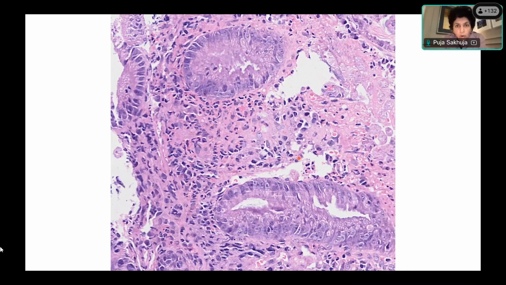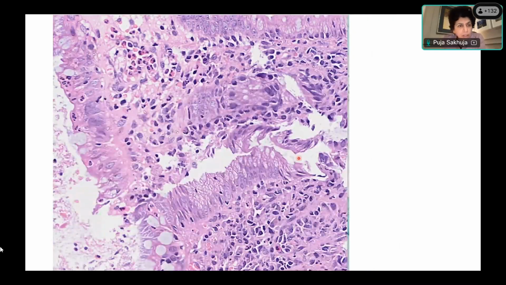So we cannot call it inflammatory bowel disease. It is definitely an acute colitis with ulceration, with the presence of amoebic trophozoites so far. Plus we are seeing a fuzzy border and we need to figure that out.